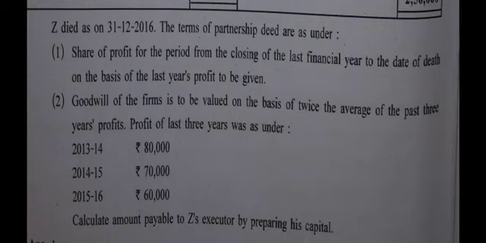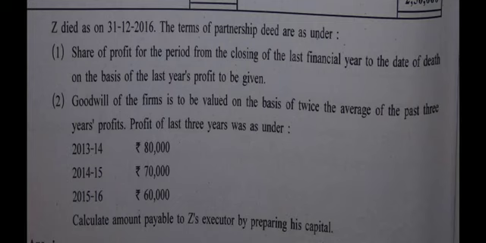Okay, so you know very well how to prepare deceased partner's capital account. What is the amount payable to the executor of Z? Who is an executor? Obviously, I have explained this in the previous lecture, and I hope you've studied it.